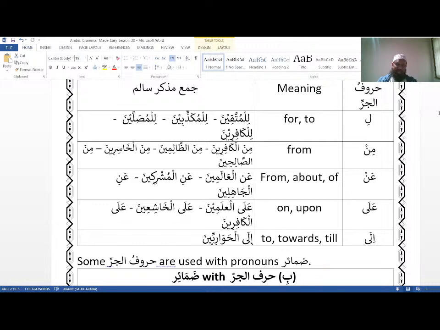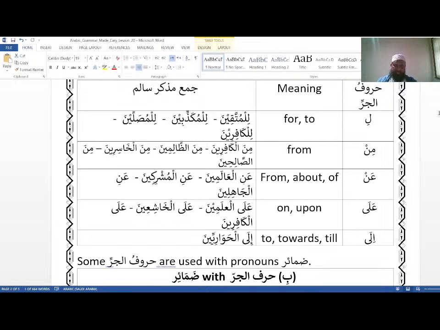If you want to attach any other words with it, like fail or ism, then we use the ضمير of حالة النصب and jar. If we use ضميرs with ism, it will be مضاف إليه, which is in حالة الجر. If we use ضمير attached with فعل, then it will be مفعول, and it will be in حالة النصب.